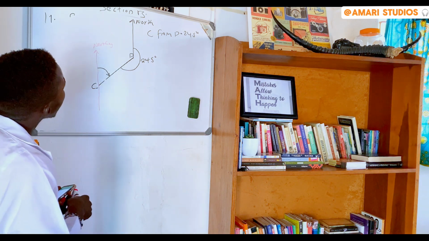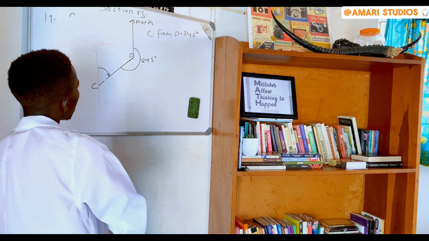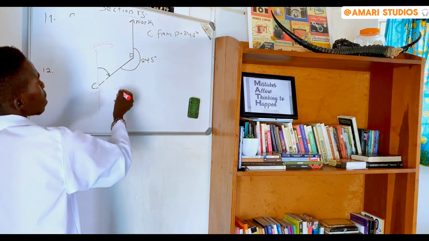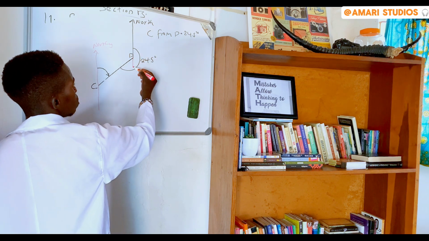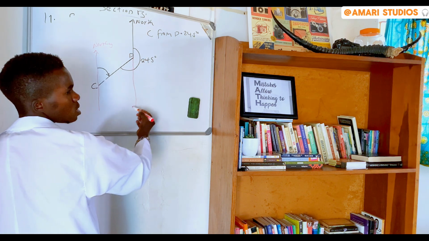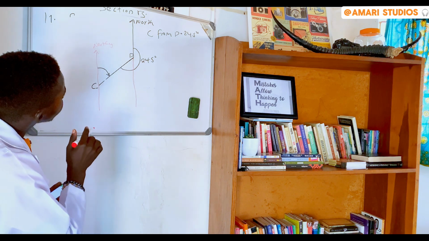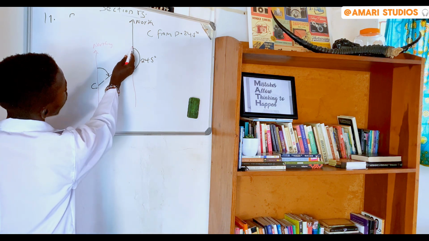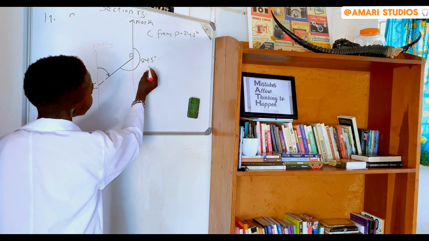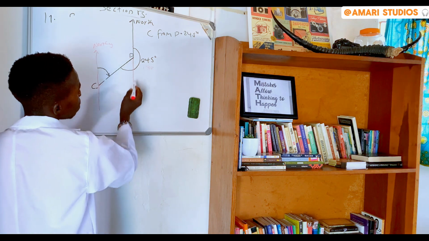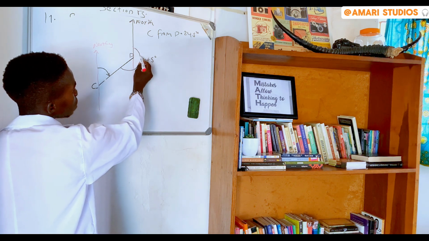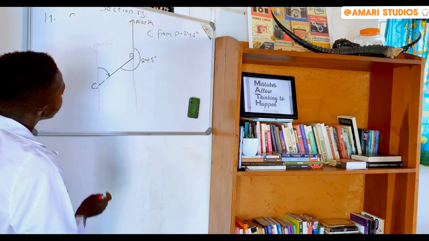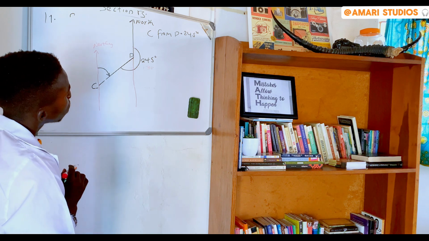Looking at these northing lines, they're actually parallel. So I'm going to extend this other northing line here using my red marker, as you can see. From this point to this point is 180. Then the bearing there is 245 degrees.